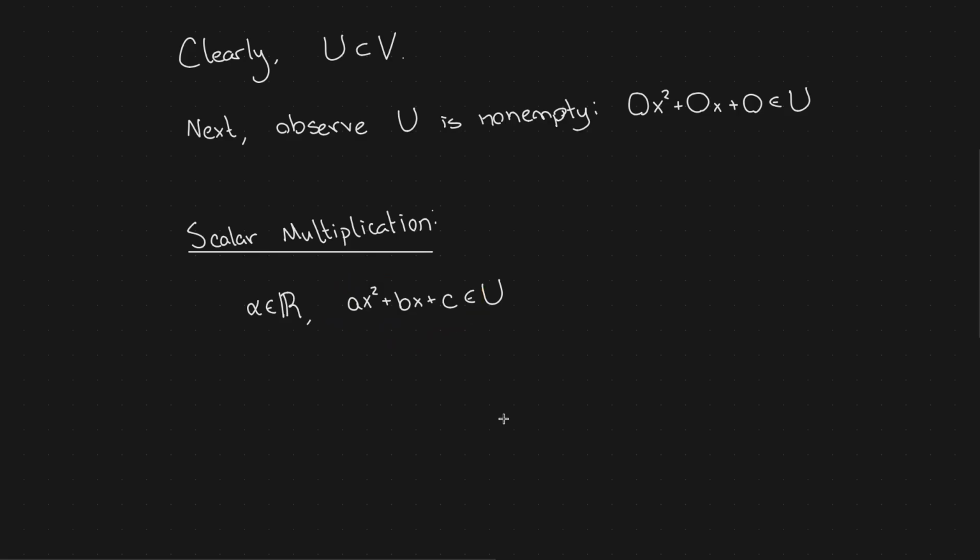polynomial in U? Okay. Well, the key here is realizing that if I plug 3 into x, I get 0 here. Why?